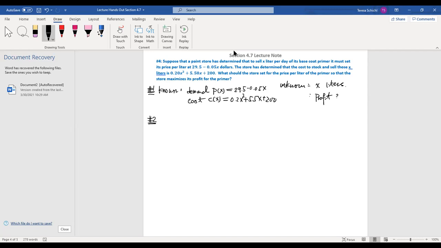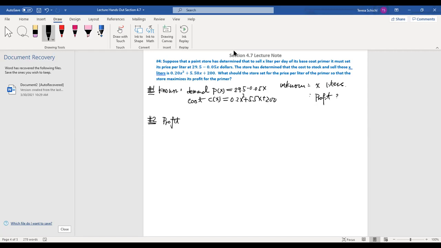We know the cost function, and we know how much they want to sell and the price when they want to sell. In order to get the most profit, let's define profit.